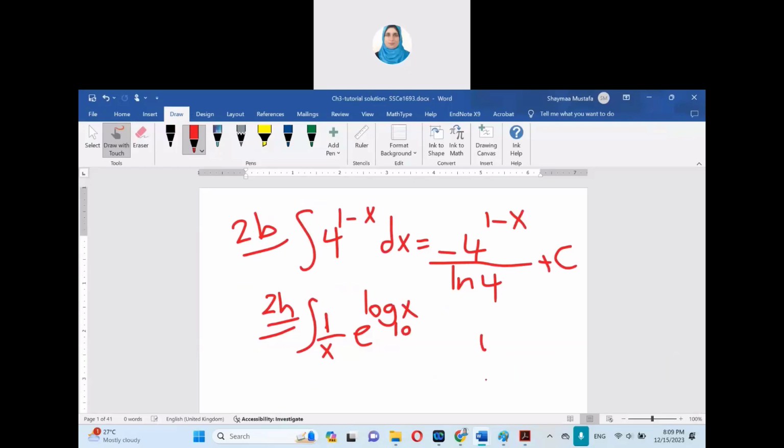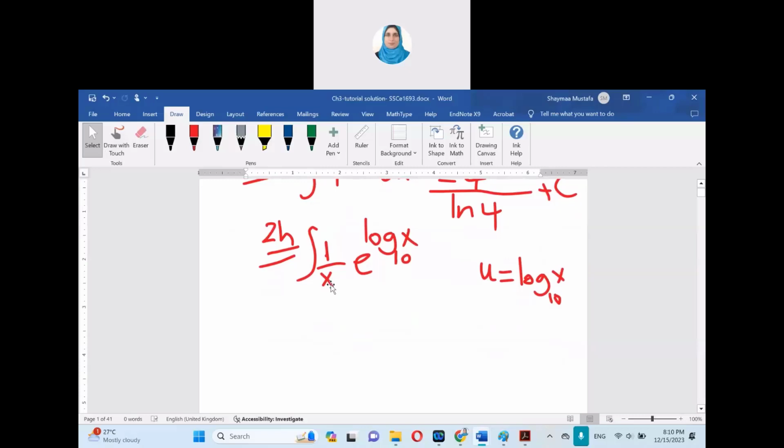Either you can make it for any logarithm, for example logarithm 10, or any number. So take u as the substitution, logarithm x with base 10, then du is equal to 1 over x multiplied by ln 10.